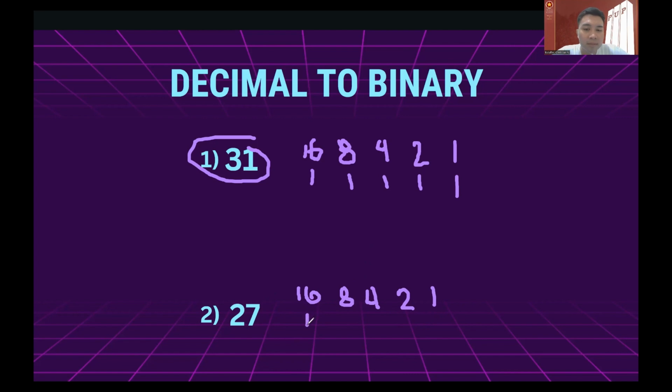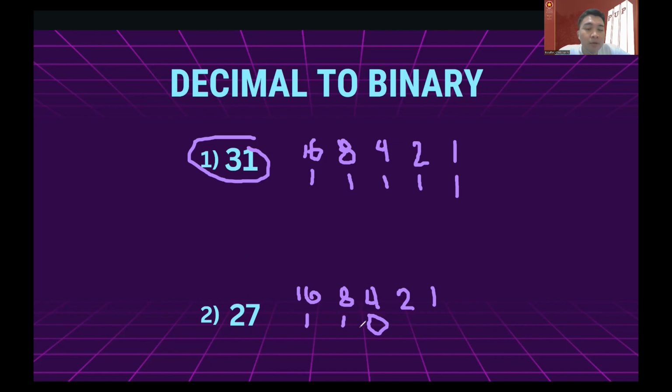So, 16, I will just put here 1. 16 plus 8, 24. 1. Plus 4 is 28. So, hindi na siya exact. So, I will put here 0. Kasi pag nilagay kong 1 dyan, magiging 28. So, hindi niya makukuha yung 27.